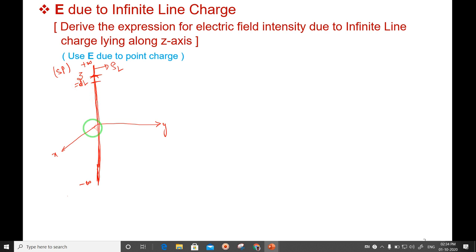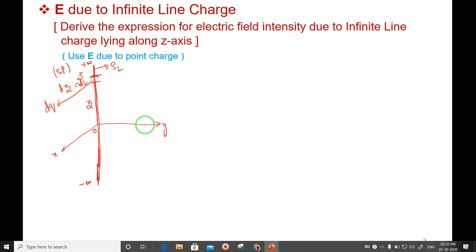This differential line charge is at some distance z along the z-axis from the origin. Since it is lying along the z-axis, dl can be written as dz. Then the small amount of charge present in this differential length is dq. This is the source point.